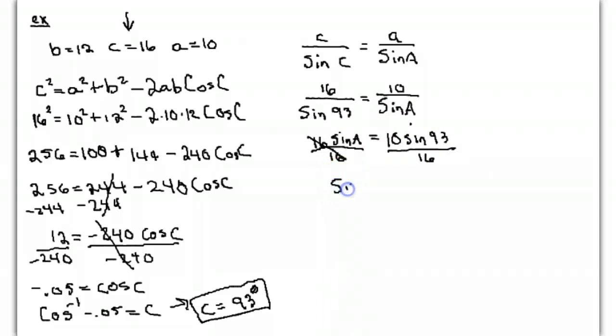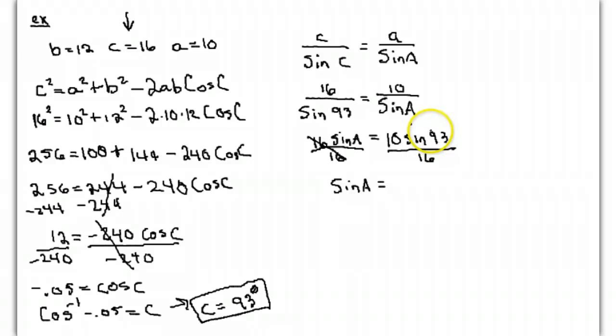What decimal does that give you? Is that what somebody else got? 0.107? When you put 10 sine 93 and then hit enter and then divide it by 16 and hit enter, he got 0.107.